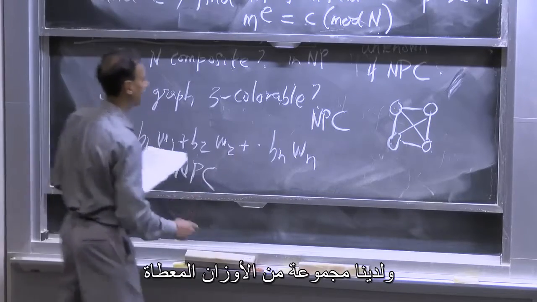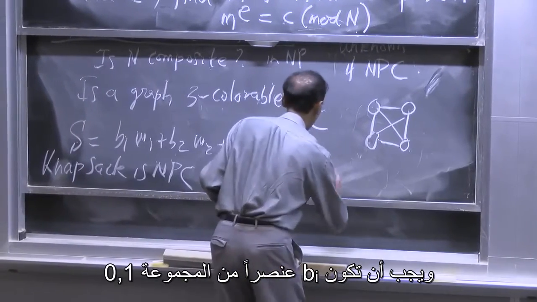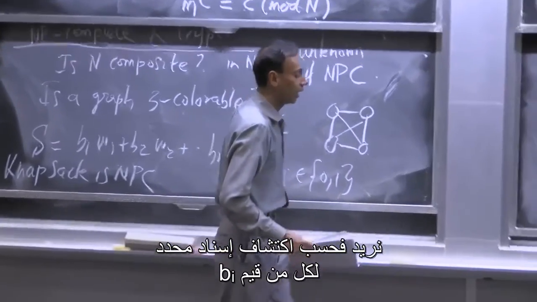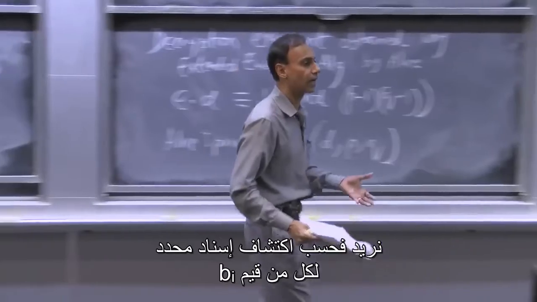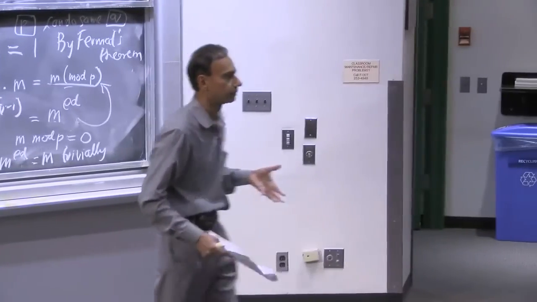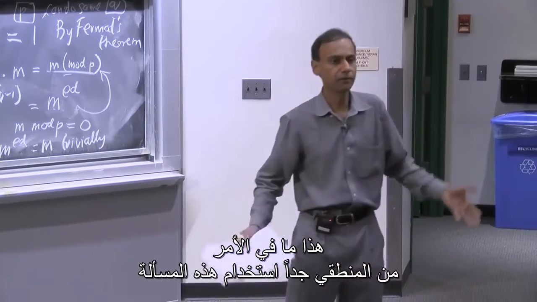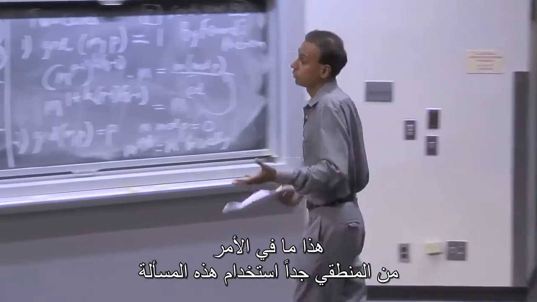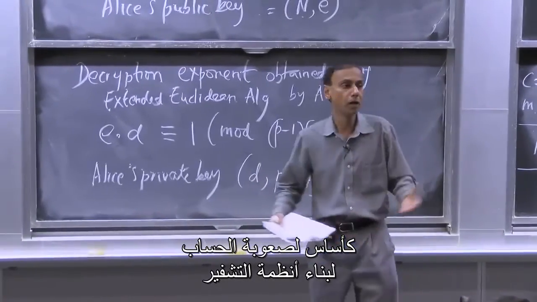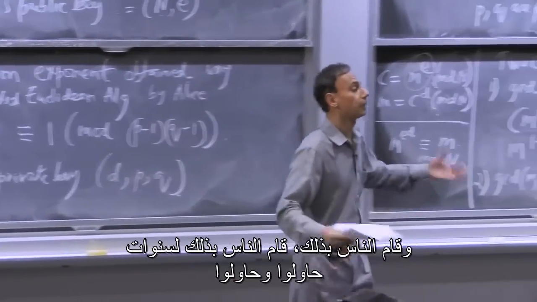And you got a bunch of weights given to you, and the BI are going to have to be 0, 1. So you just want to discover a particular assignment of the BIs such that you pick the appropriate items to put into the knapsack, right? That's it. That's a perfectly reasonable problem to potentially use as a basis for computational hardness to go build crypto systems, right? And people did that.